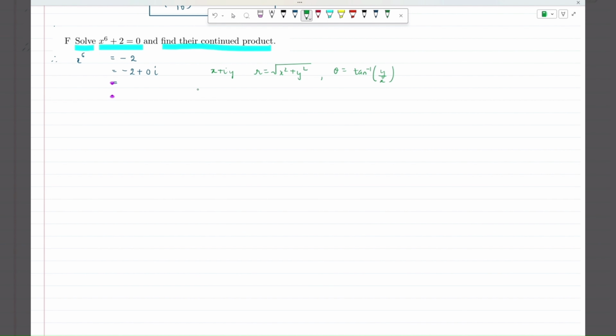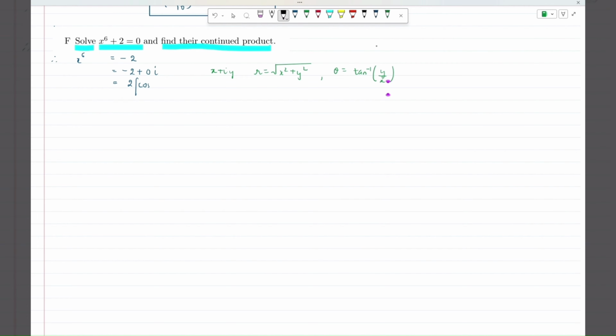So in this case, you can see that x is negative 2 and y is 0. So the value of r is going to be 2, whereas theta is going to be y over x. So that is going to be tan inverse of 0.